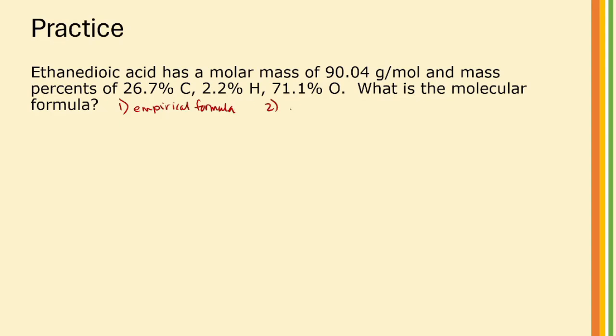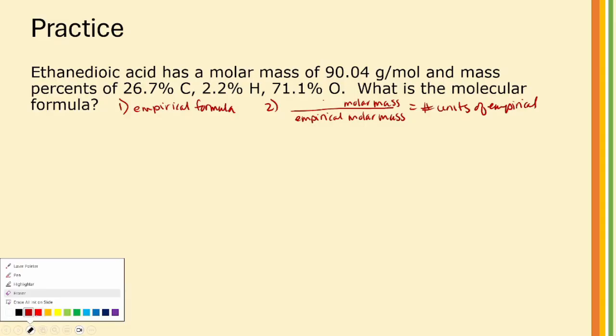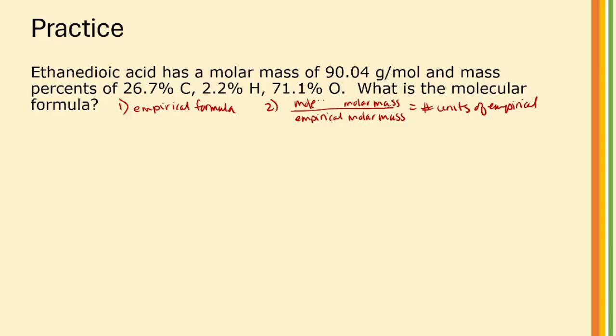In step two, I'm going to say that the molecular molar mass, sorry, I messed it up, it should be on top, the molecular molar mass divided by the empirical molar mass tells me the number of units of the empirical formula.